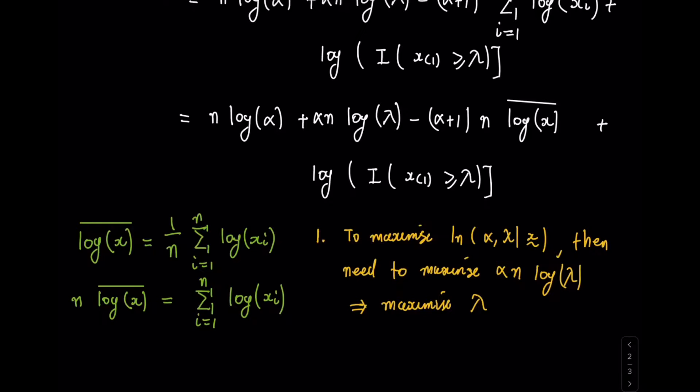There is another thing we need to note here, because I said ignore the log for a second, but now we're also going to have another condition. We need to maximize the log of the indicator function I of x1 greater than lambda.